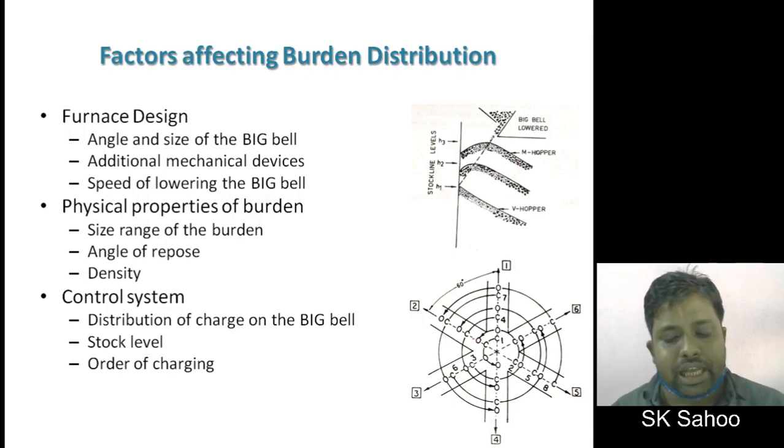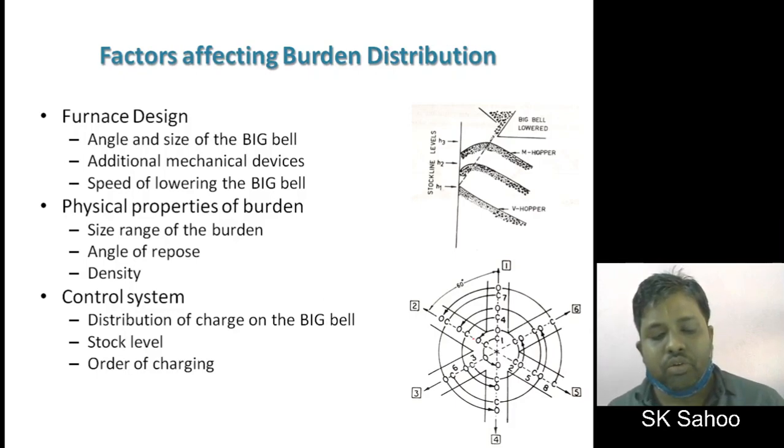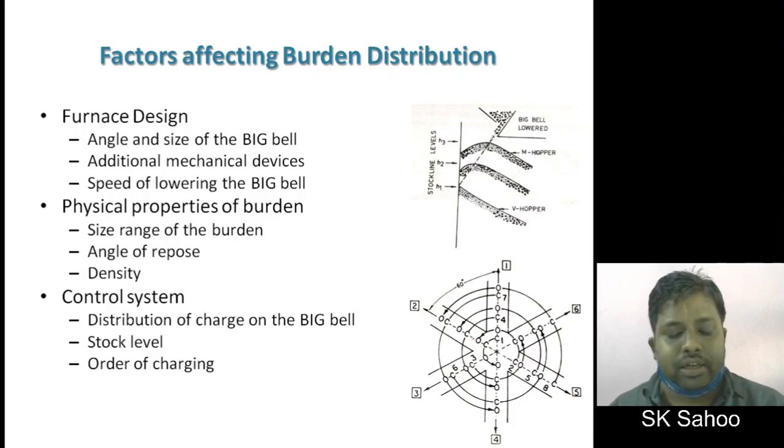But from this angle of repose data, we can suggest that high angle of repose means the higher the ridges. Therefore, we can go for your sinter and pellets rather than the coke and iron ores. Then the density.